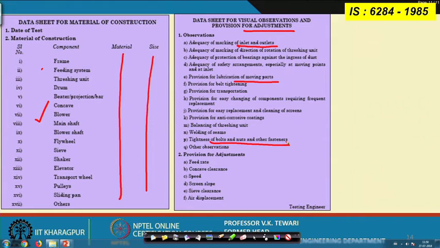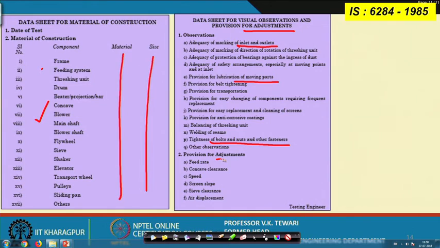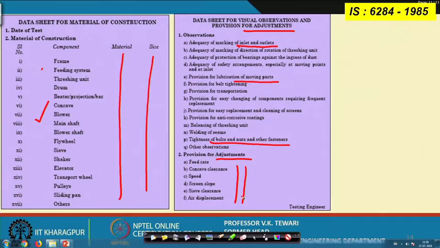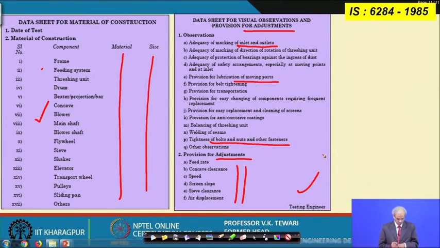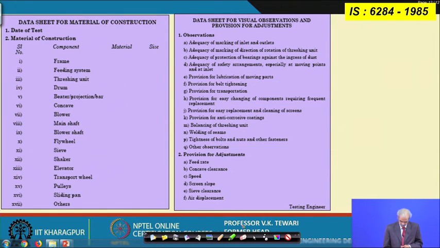So, you have to look at these parameters when you are making a visual observation of the thresher before you certify it. Similarly, adjustments: what sort of adjustments for the feed rate, for the concave clearance and other details are given, sieve clearance, etc. You must watch for that, and then the test engineer's signature here. So, these are the important things which we need to look into.